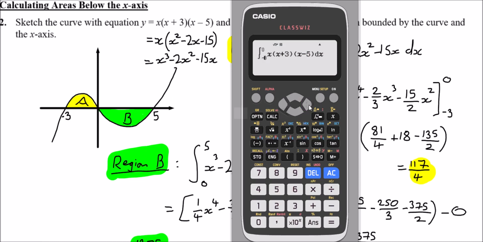Just toggle back and put the limits in. So that now becomes, there we go, the lower limit is 0, and the upper limit needs to be 5.